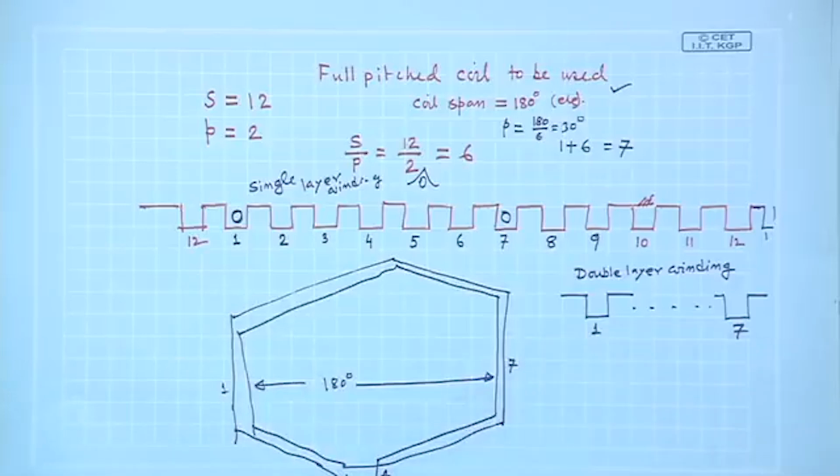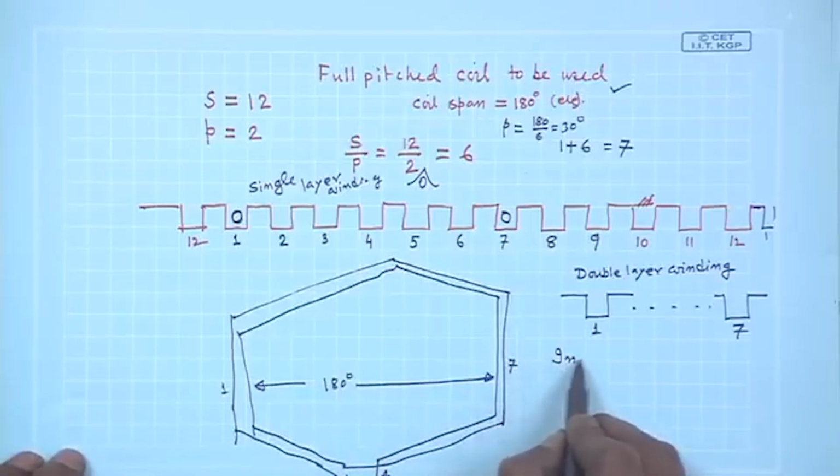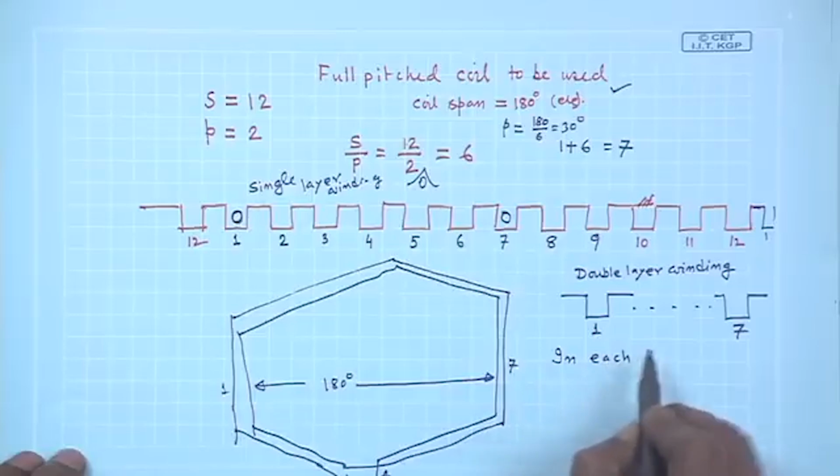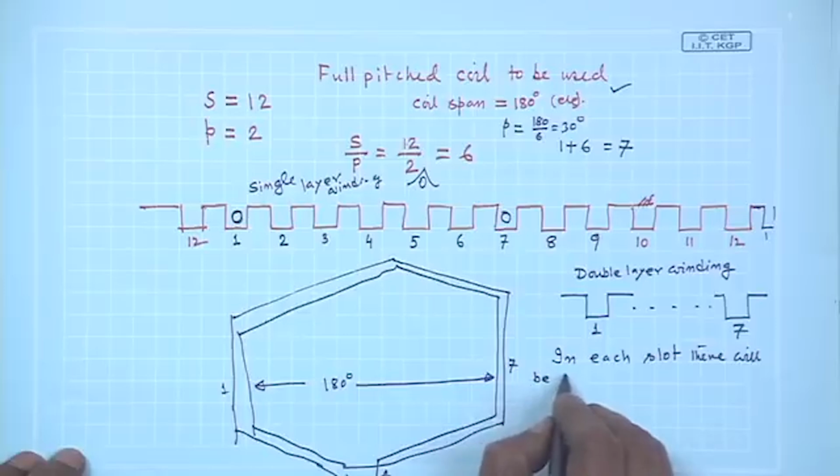But in a double layer winding, in each slot there will be two separate coil sides present.